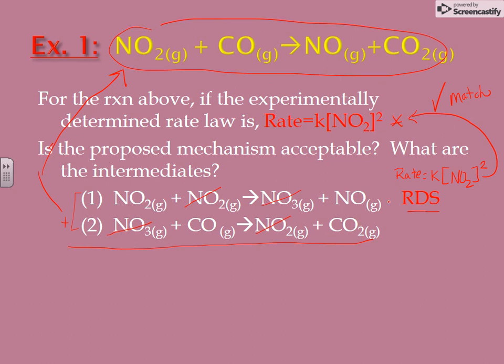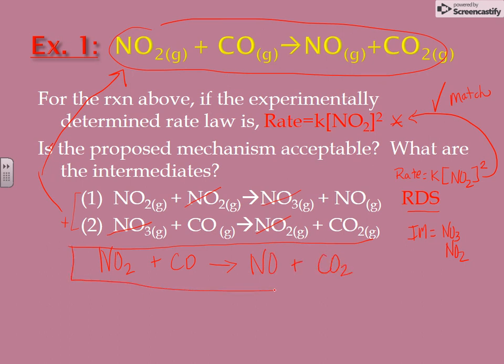So you actually have two intermediates here. The intermediates are the NO3 and the NO2. They're your two intermediates. Pull down what did not cancel. So you would write down NO2 gas plus carbon monoxide gas yields NO gas plus carbon dioxide gas.